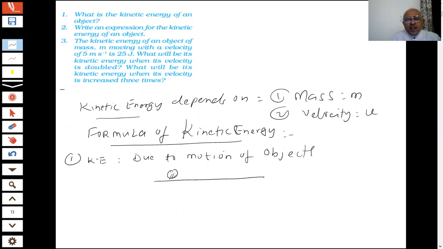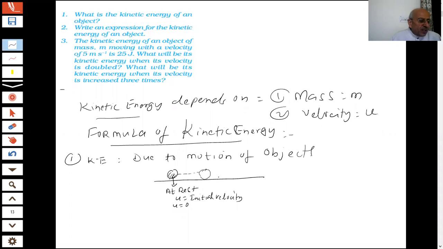Supposing there is an object which is at rest, students. What is the initial velocity here when it is at rest? What is the initial velocity for a body at rest? Tell me. 0. Now it starts moving. Okay?